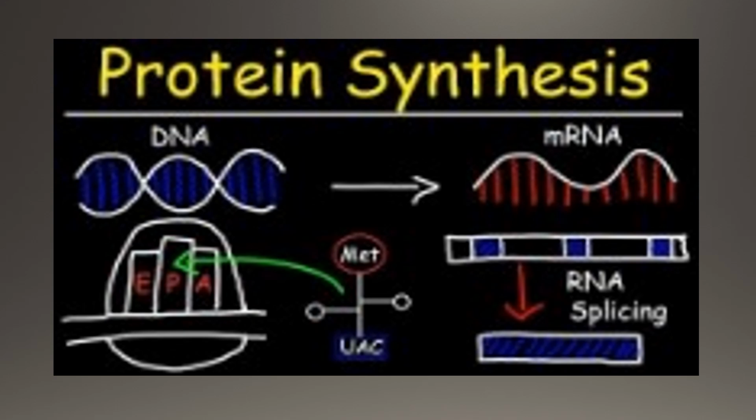So what letter corresponds to G? It's important to know that G always corresponds to C, and vice versa. C corresponds to G. Now, what letter corresponds to A? A usually corresponds to T, but there's no T in RNA.